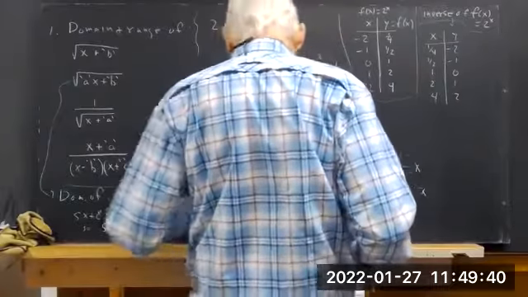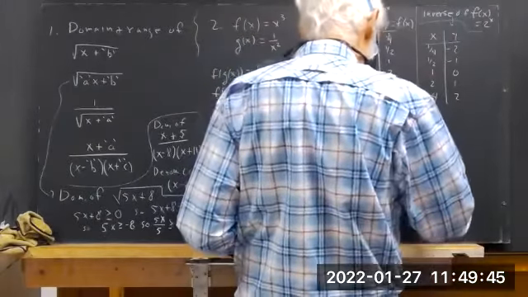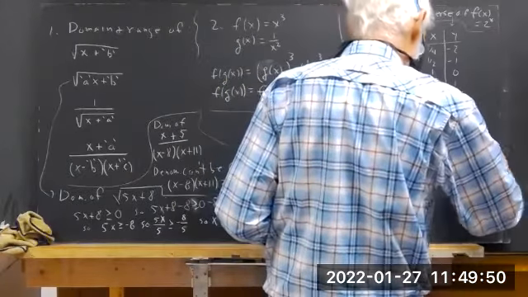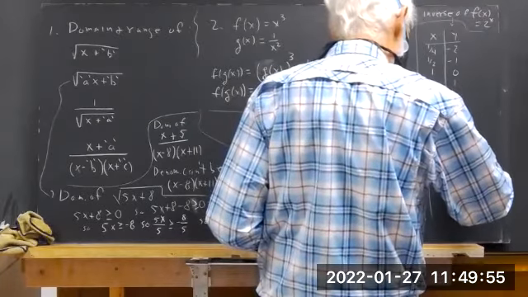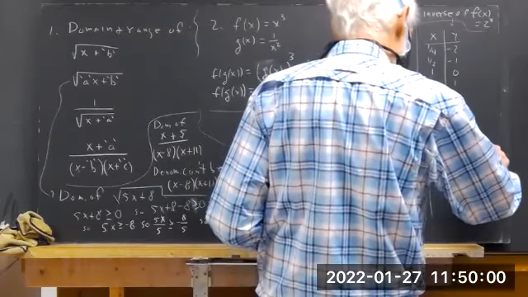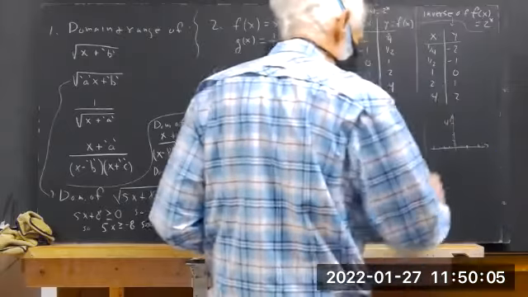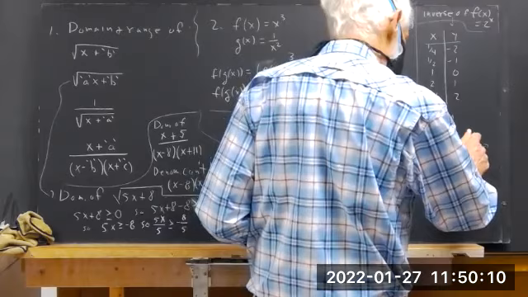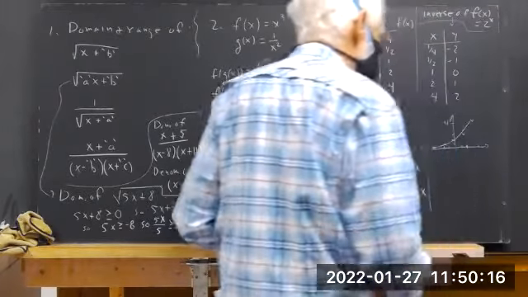If I graph these, just using standard values, you should have graphed a number of times by now, our f of x function has a graph that goes through these points and has this shape.